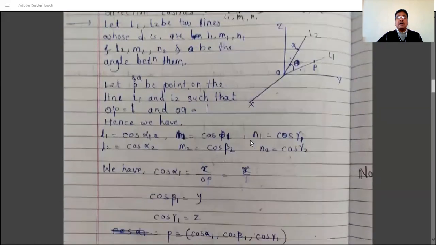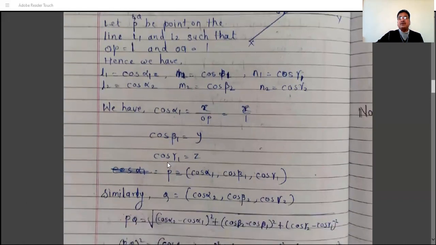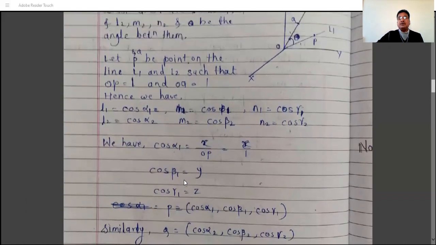Similarly here, the notation for line OP is alpha 1, beta 1, gamma 1. So cos alpha 1 is x, the x coordinate of the point P, divided by OP, and OP is 1. So x is cos alpha 1. Similarly cos beta 1 is y and cos gamma 1 is z.